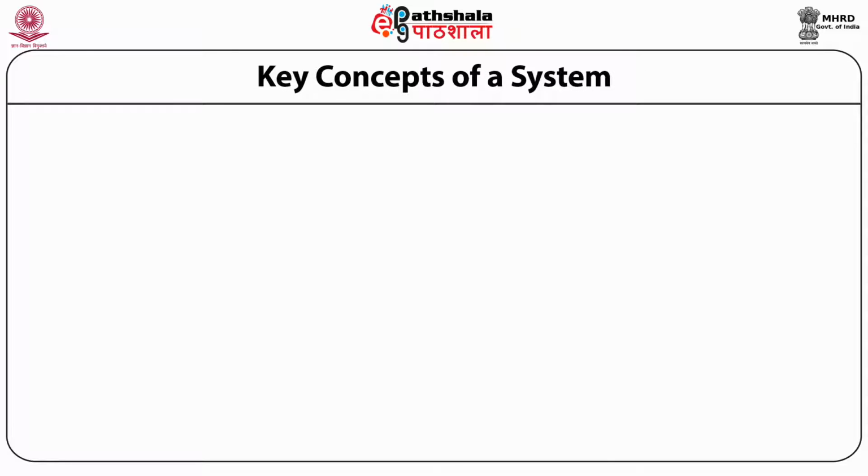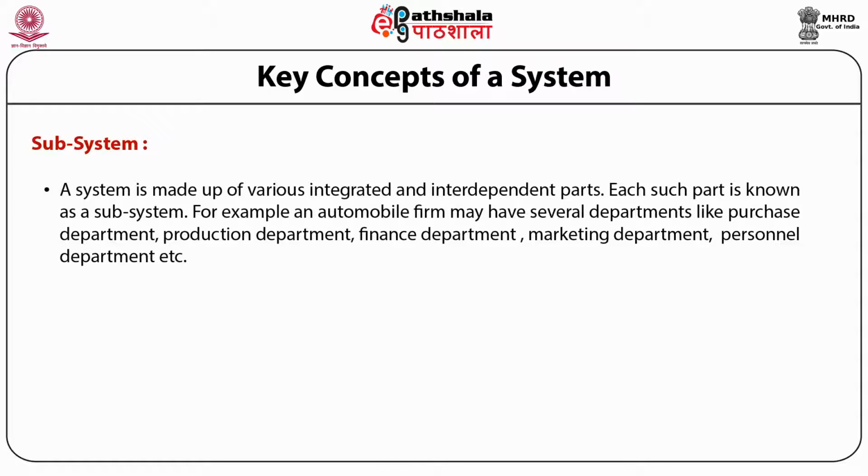Now let us first explain what are the key concepts of a system. The first one is subsystem. A system is made up of various integrated and interdependent parts. Each such part is known as a subsystem.